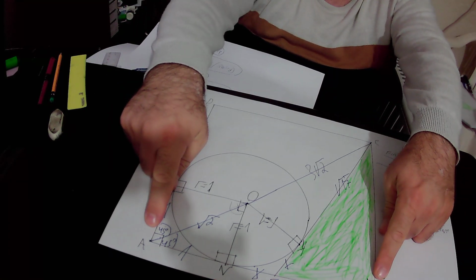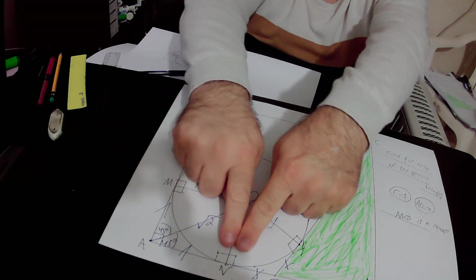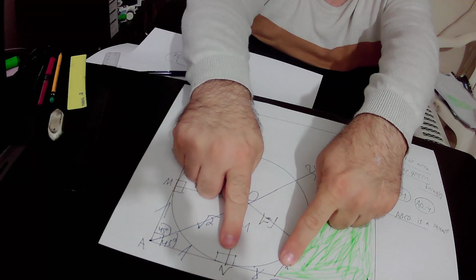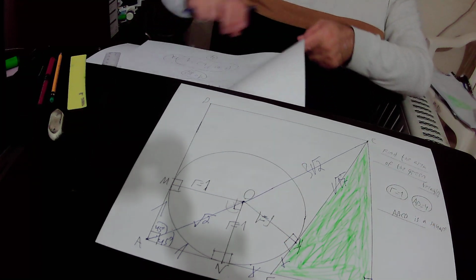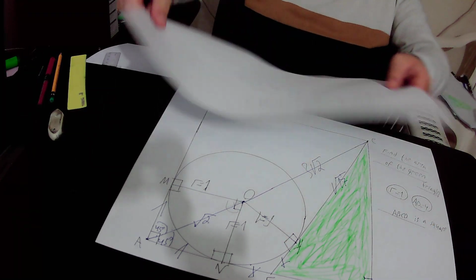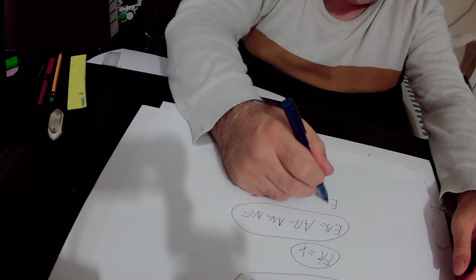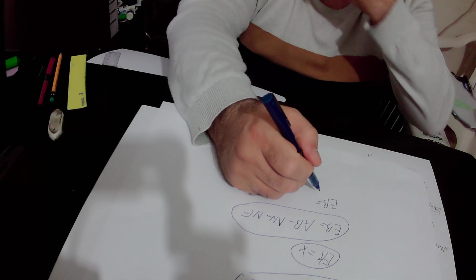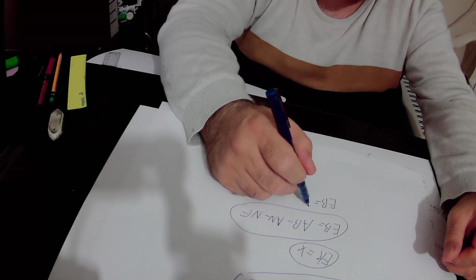AB minus AN minus EN equals exactly EB. So EB equals AB. All the sides of square ABCD are equal to 4 units, so AB also equals 4 units.